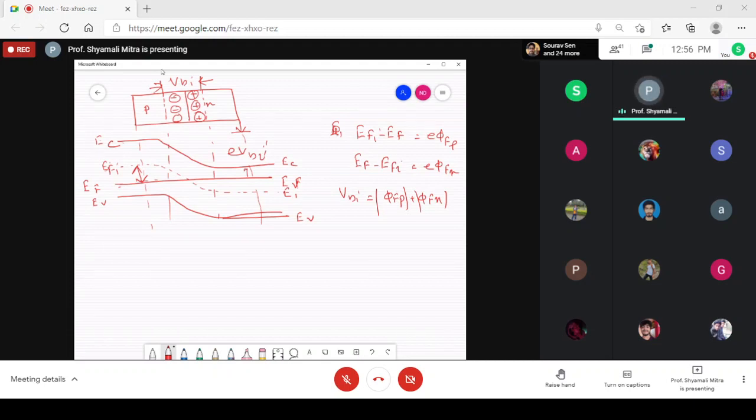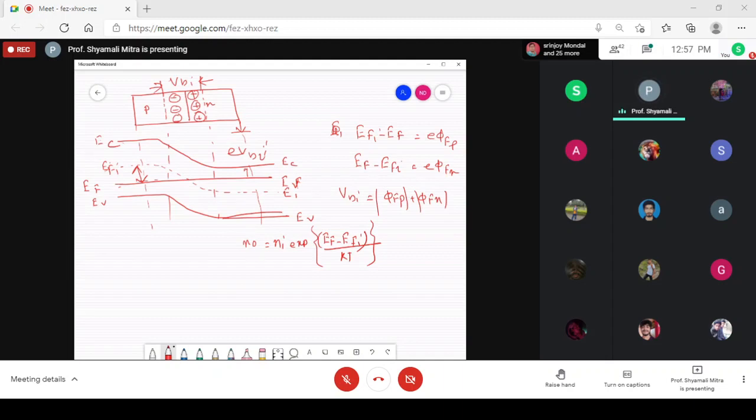We know that on the N side, the electron concentration in the conduction band can be given by n0. Writing it over here, n0 is equal to ni exp of (EF minus EFI) divided by kT.